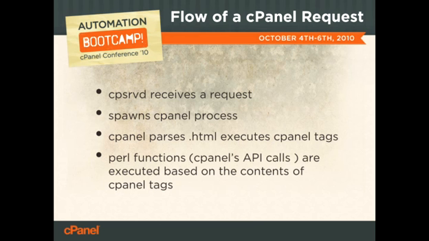At this point, it will parse through that HTML file looking for any cpanel tag or CP tag or API calls. Then when it finds one of those, it parses out the API calls, executes the Perl function, applies any templating that's been applied, and displays the raw HTML that you want the user to see.